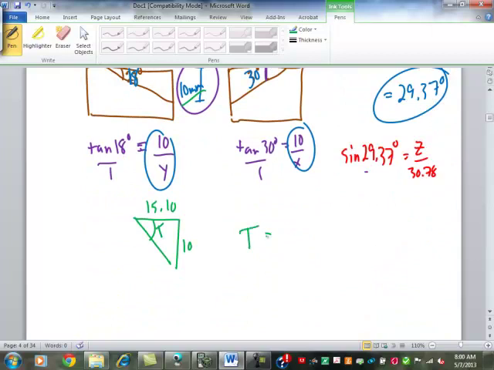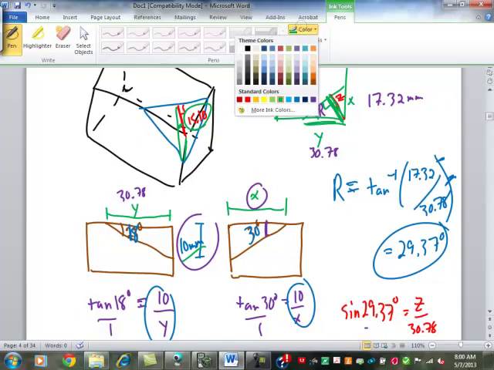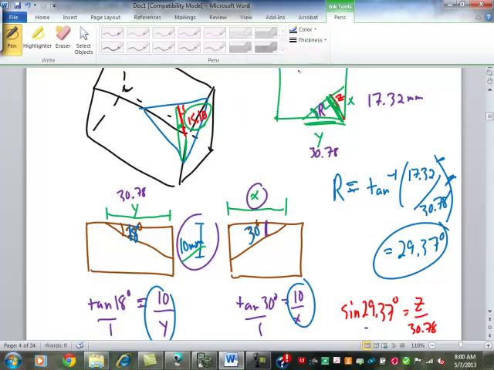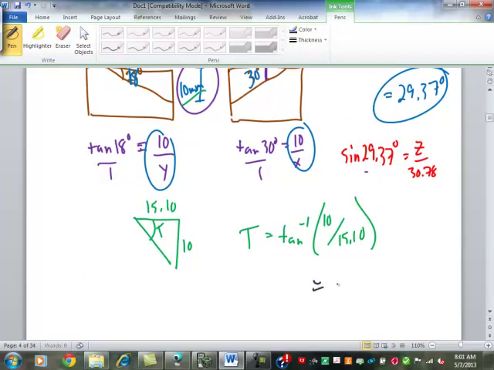So T is going to be an inverse tangent of 10 over the 15.10. We knew this was 30.78 here. We found this angle. 15.10 is this across here at a right angle. So T comes out to be 33.51, 33.52, somewhere in there.